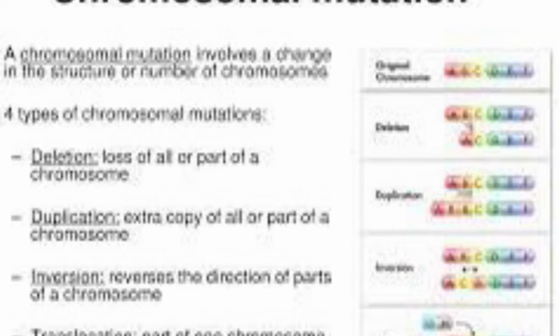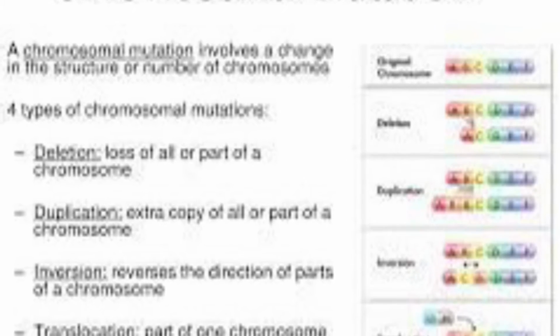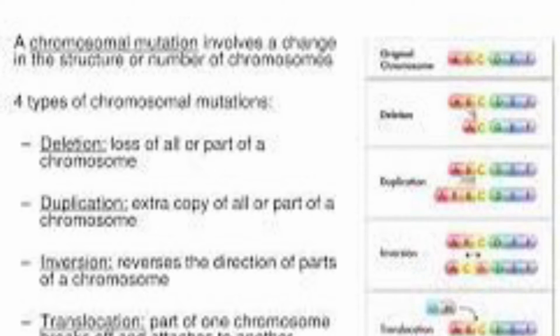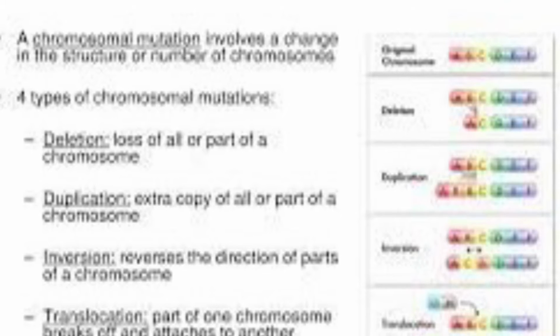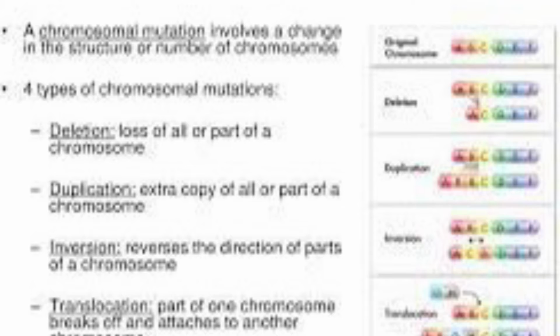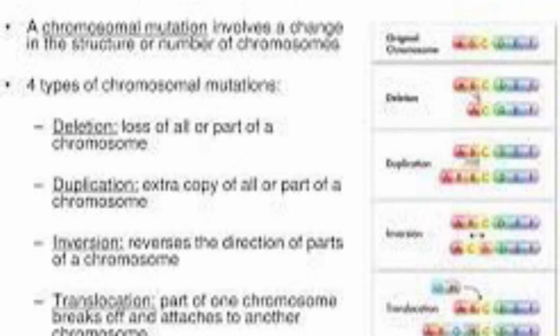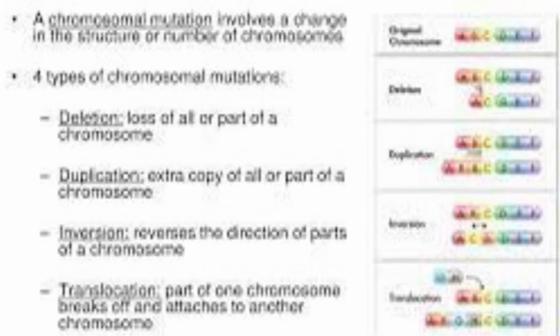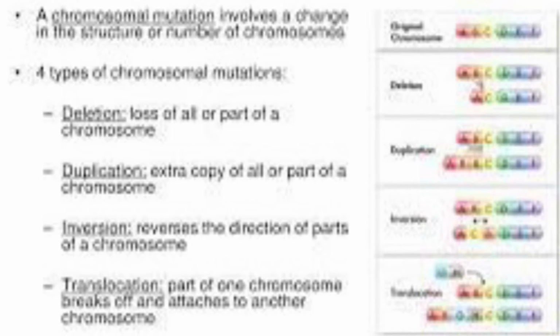One is deletion, which is the loss of all or part of a chromosome. Duplication, an extra copy of all or part of a chromosome. Inversion, which reverses the direction of parts of a chromosome. And translocation, where part of one chromosome breaks off and attaches to another chromosome.